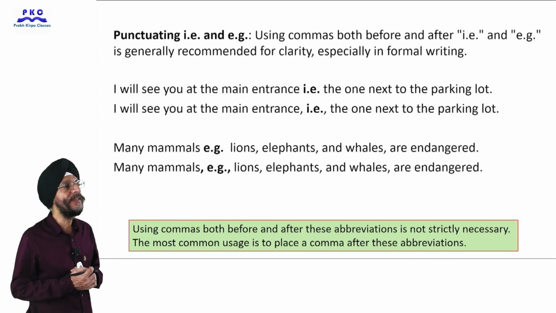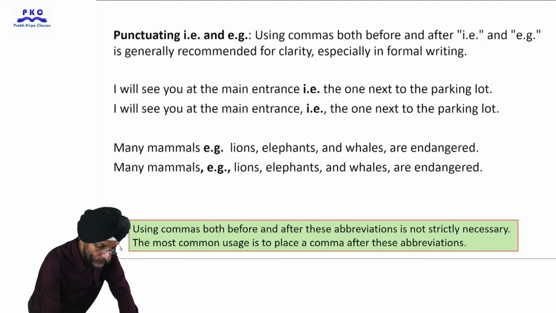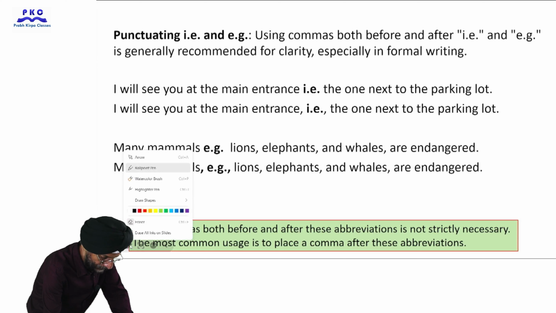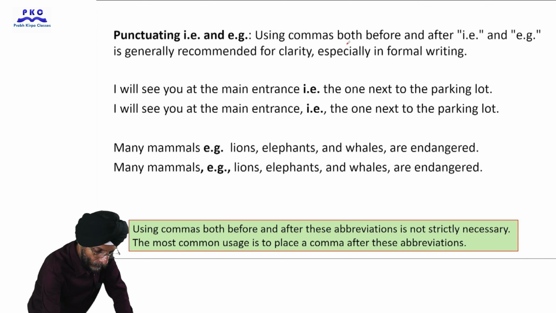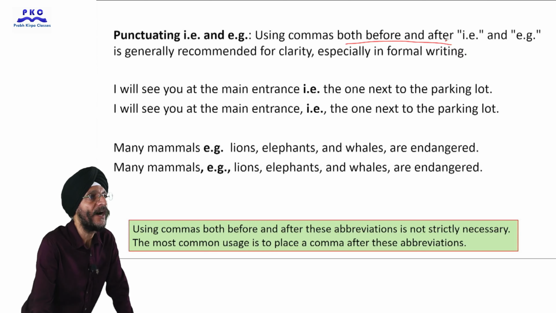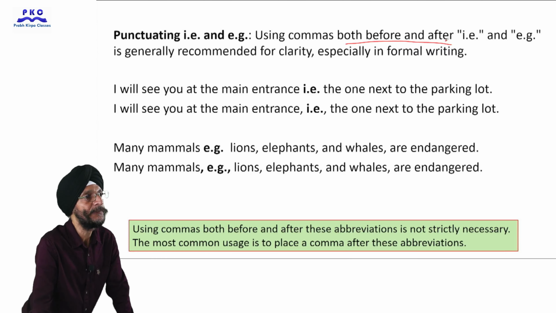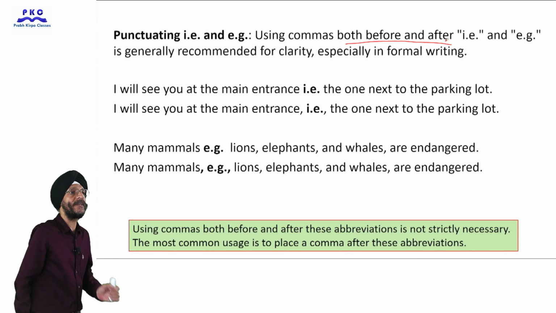Punctuating i.e. and e.g.: using commas both before and after i.e. and e.g. is generally recommended for clarity, especially in formal writing. What does it mean?